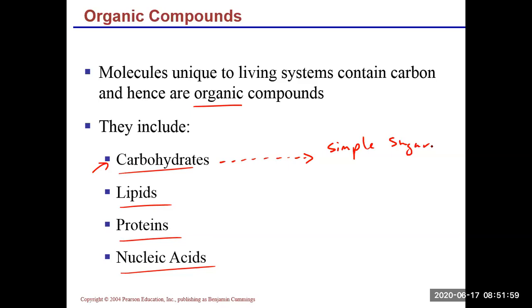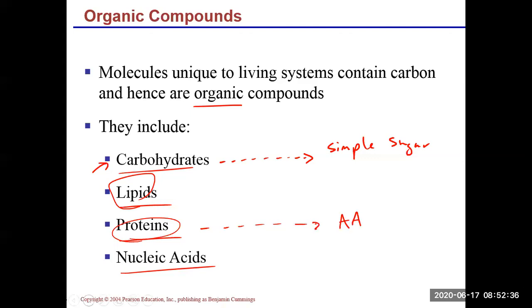Simple sugars such as glucose, galactose, fructose, ribose. There are a lot of different sugars. Next one is the lipid. There are different types of lipids: the phospholipid bilayer, the glycolipids. Steroid hormones are lipids, triglycerol is a lipid. We'll discuss some of those as well. And then we have protein. Proteins are chains of amino acids. They're made out of amino acids, so if you break it down, you get amino acids.